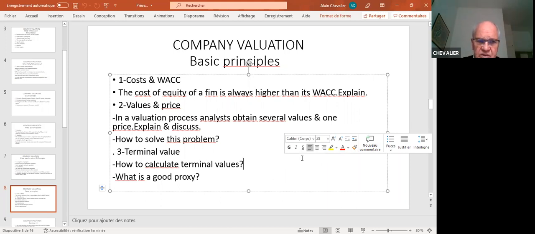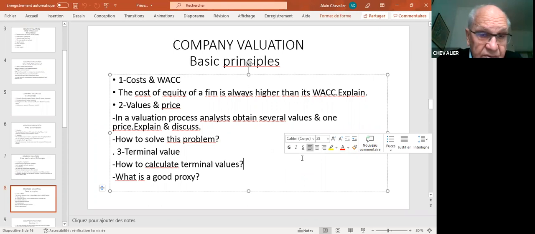The second point here is that we have, of course, the question of values and price. In a valuation process, analysts obtain several values. They use different methods. They will use a method based on cash flows, another one on the dividends, a third one using the leverage formula, a fourth one based on multiples, and so on.